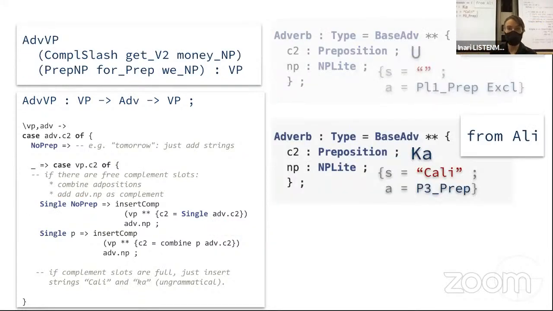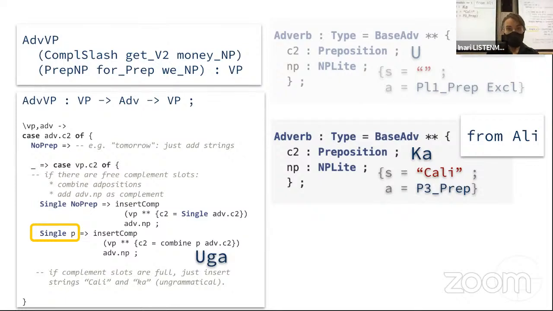And on the second round, we have inserted the first adverbial. So we match the second condition, we have single O, and then we add this ka, and we end up with uga. So if we try to add a third adposition, that would not be grammatical because we would just add the string. But John said that doesn't happen, so that's fine.